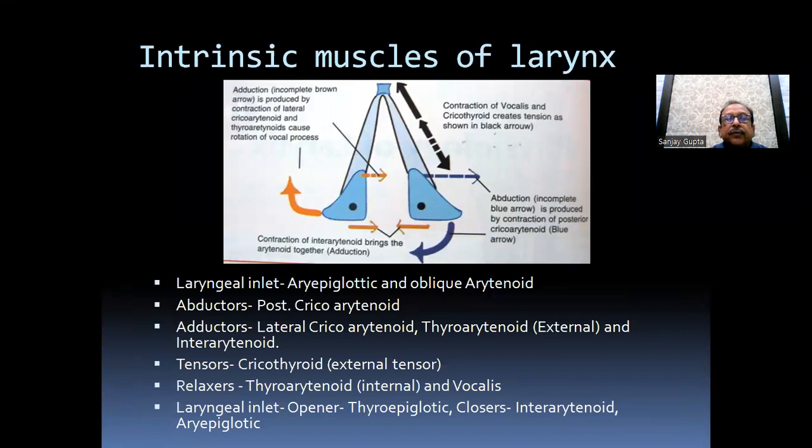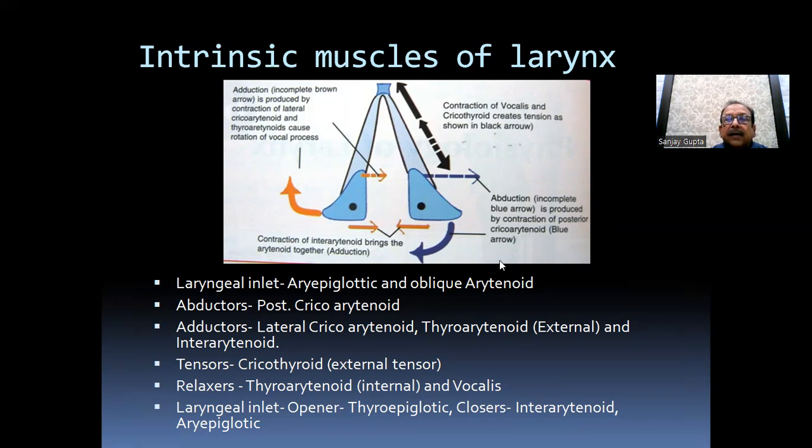So just to revise, the intrinsic muscles of the larynx are basically abductors, which cause abduction of the vocal cord and open the larynx, and adductors, which cause adduction of the vocal cords, causing closure of the vocal cords, and the vocal cord comes to the midline.